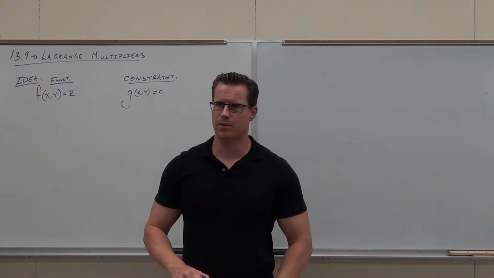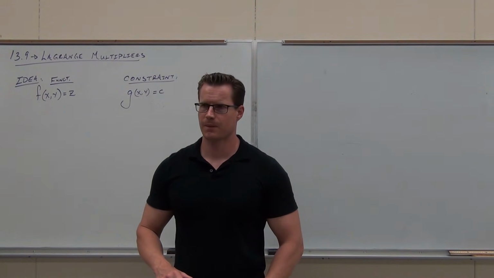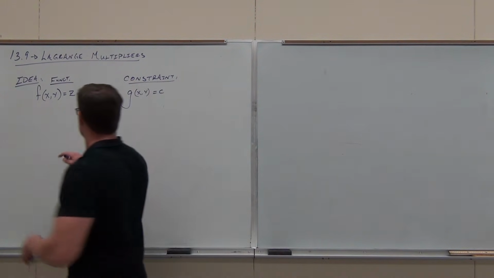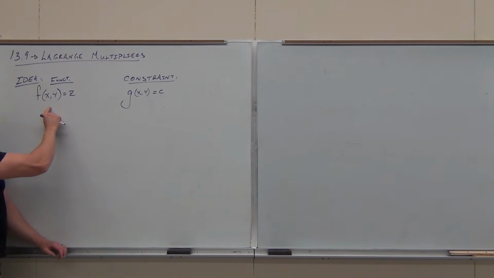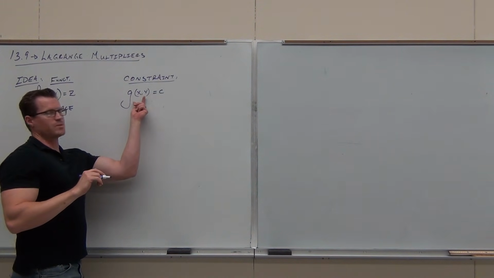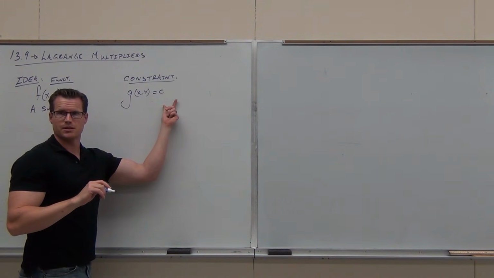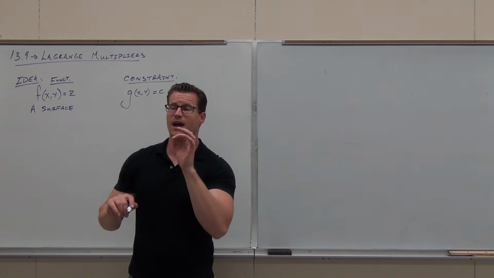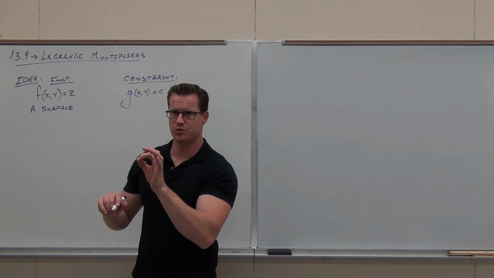Listen carefully because I do not want you to miss this. Recognize 2 independent variables equal to a dependent variable. This is a surface, correct? Recognize 2 independent variables equal to a constant. This is a level curve to a surface.